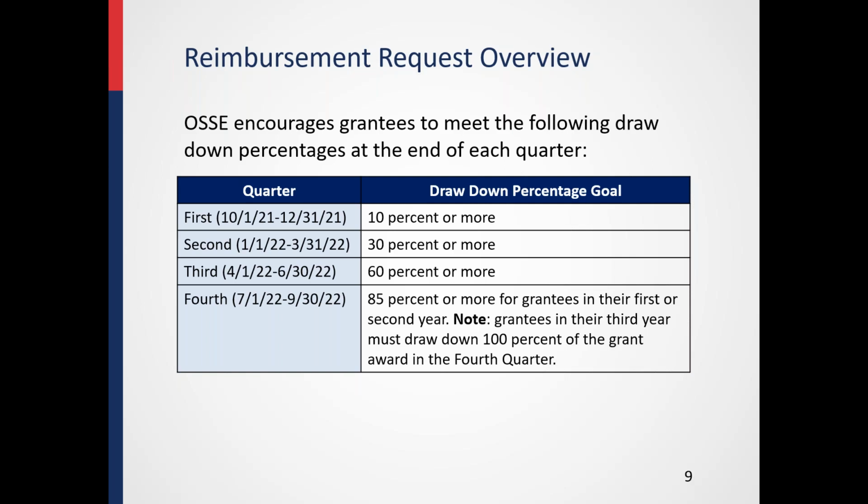At the end of the third quarter, on June 30th, 2022, you should have drawn down at least 60%. And at the end of the fourth quarter, which is into next school year, on September 30th, 2022, you need to have drawn down 85% or more if you're in the first or second year of your grant. And if you're in the third year of your grant, you need to have drawn down 100% by September 30 of 2022.